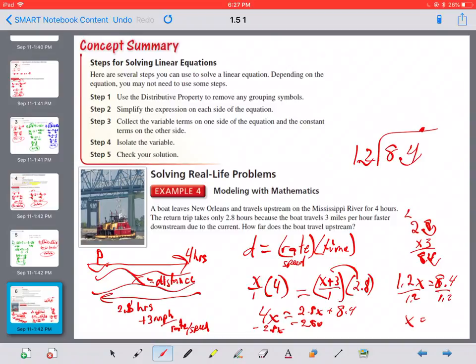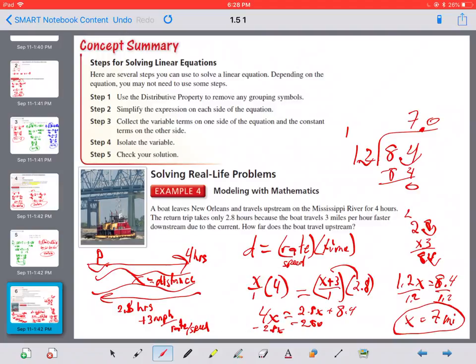Well, 8.4 divided by 1.2, move the decimal, okay. 12 goes into 84, let's see. 12 times 8 is going to be too big. Let's try 7. 7 times 2 is 14. 7 times 1 is 7 plus 1 is 8. Hey, look at that. So our x was 7 miles. That's how far they went.